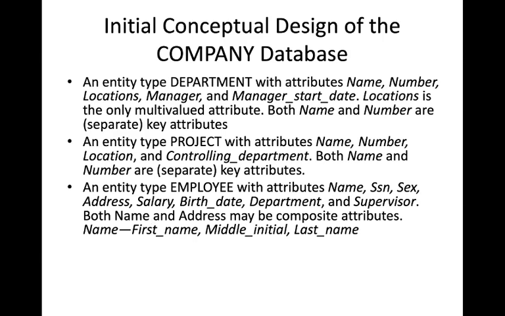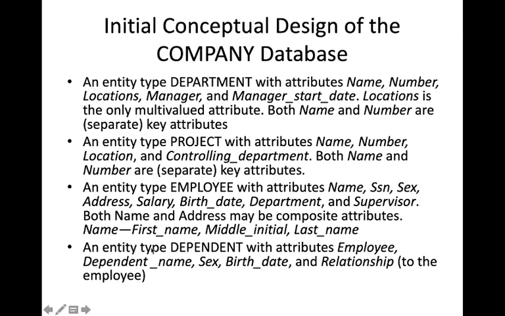Similarly, address can be stored as composite attributes or as a single attribute. For example, name may be divided into first name, middle name, and last name, but it is not always the case. Address can be stored as a single attribute also. It is not always necessary to separate it into different fields.